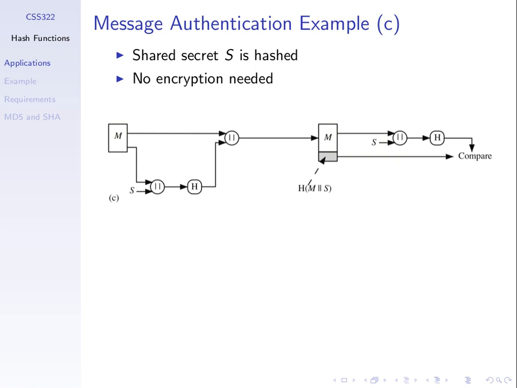The scenario is that A, the sender, has some secret S, and B, the receiver, also knows that secret S. They want to confirm that when B receives a message, the message came from A. How do they confirm?